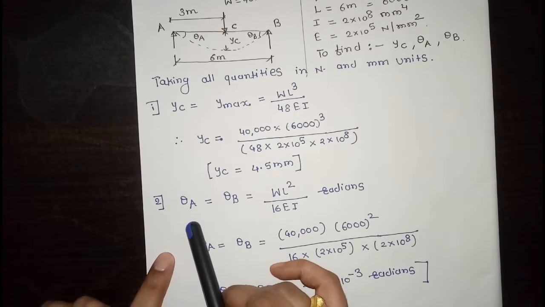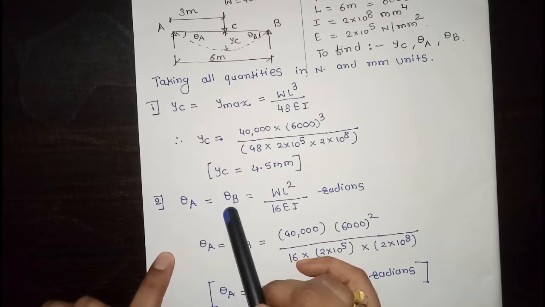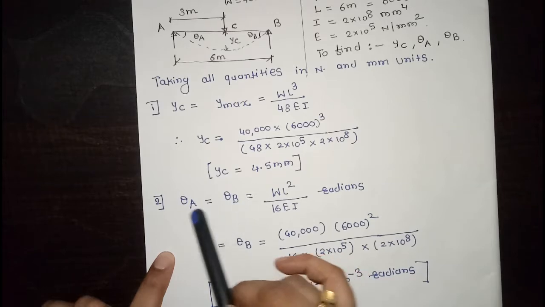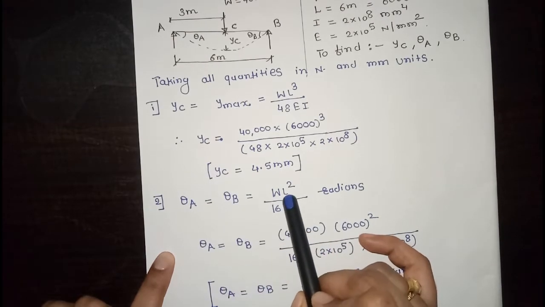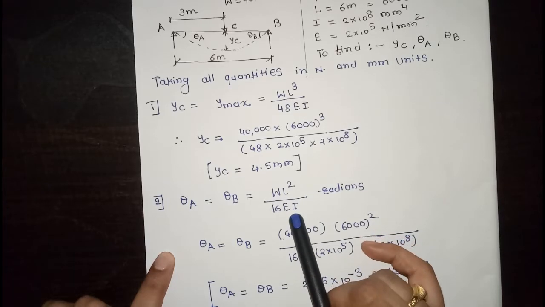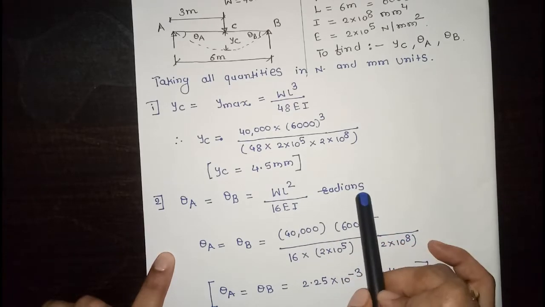What is the formula of slope for simply supported beam with point load? Theta A is equal to theta B at the end points, equal to WL square divided by 16 EI radians.